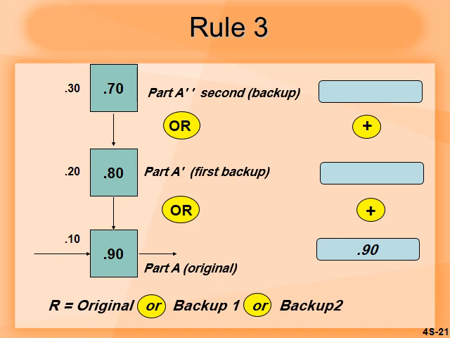The original will perform with success equals 0.9 plus the first backup will perform with failure of the original 0.10 times its success 0.8 plus the third part will perform if the previous two have failed. Failure of the original 0.10 times failure of the first backup 0.2 times success of this part 0.7. Okay?